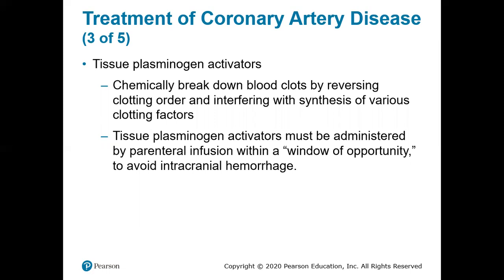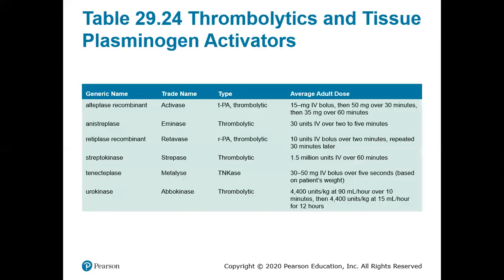Tissue plasminogen activators must be administered by parenteral infusion within a window of opportunity to avoid intracranial hemorrhage. Table 29.24 details thrombolytics and tissue plasminogen activators, and that is found on page 483 in the textbook.